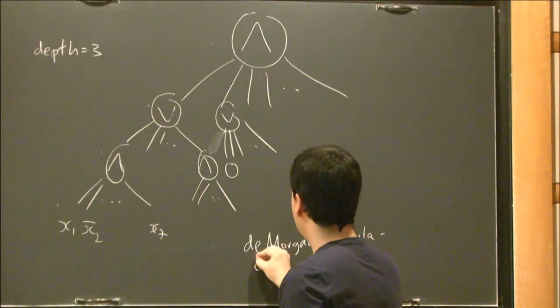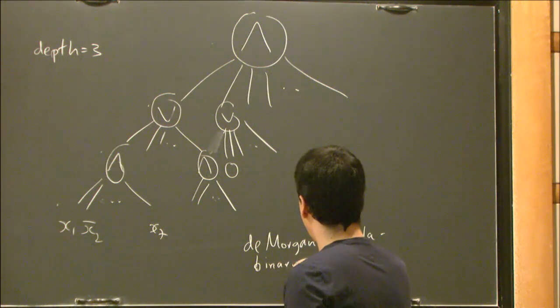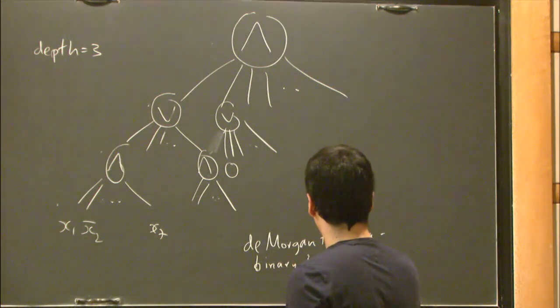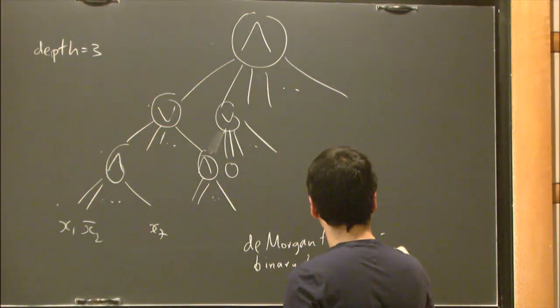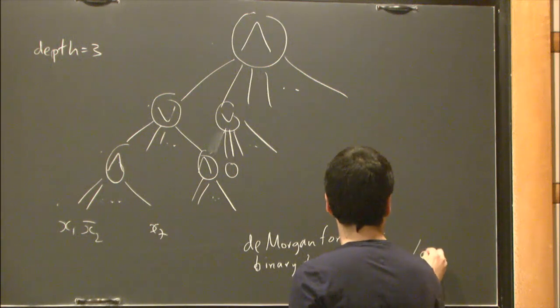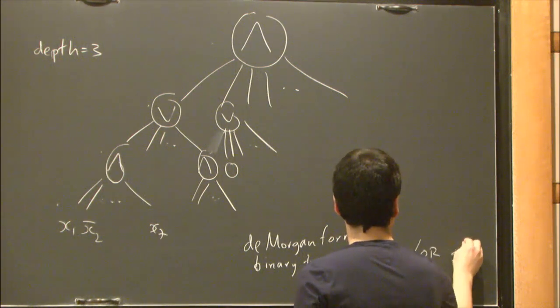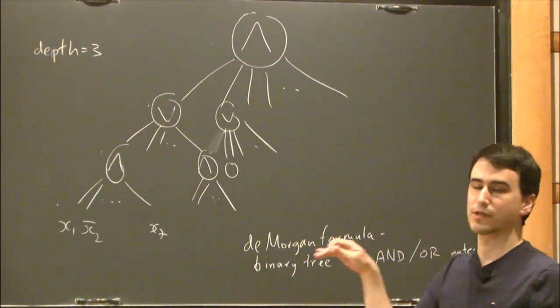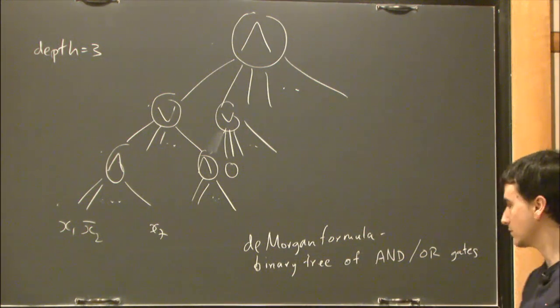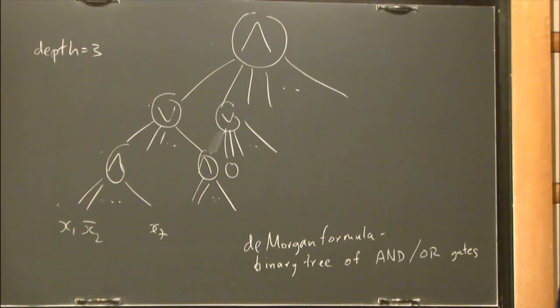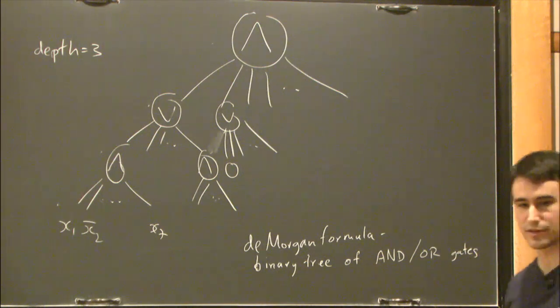It is a binary tree of AND and OR gates. And I still have variables or the negation on the leaves. And again, the number of gates is the size of the circuit.